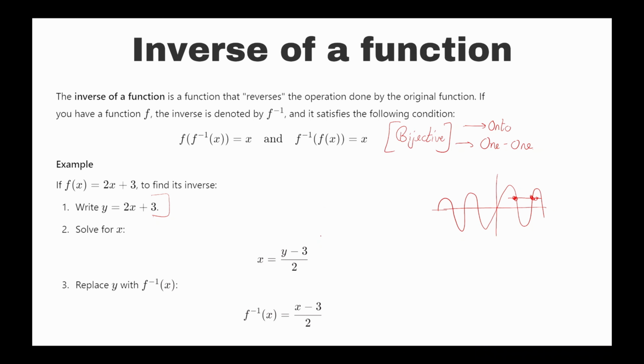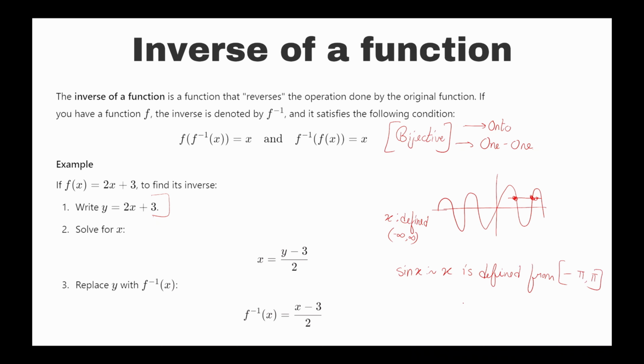So what we do here is, instead of considering my entire domain, or x, to be defined from minus infinity to infinity, I say that for my sine x, my x is defined from minus pi to pi.